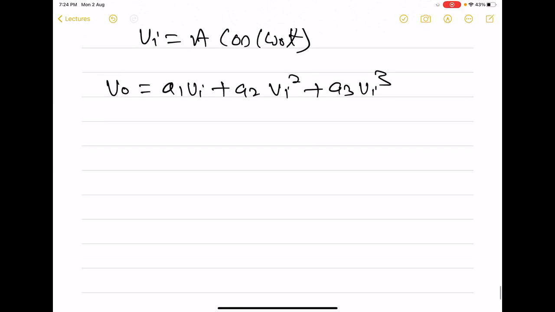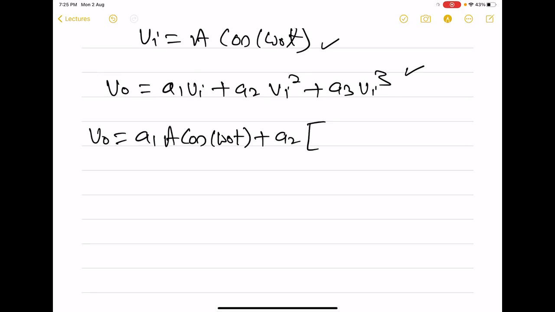So we substitute this input in this equation for each of the Vi. So Vo now becomes A1 A cos omega naught t. This is what ideally we want. But now the remaining two terms are going to create issues.